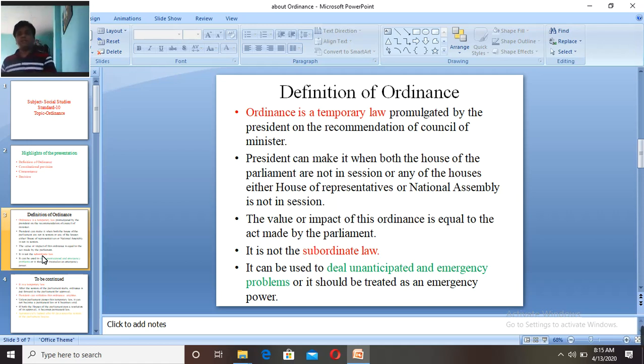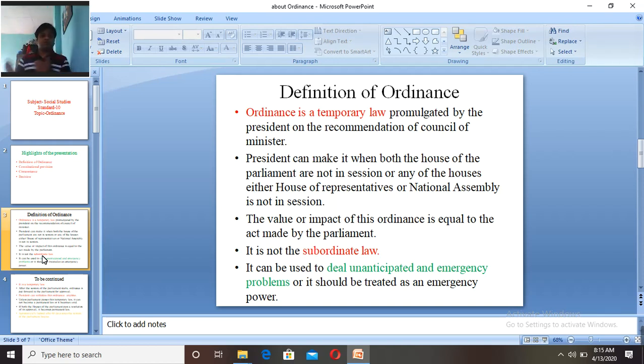So session means a time or period of having meetings of the parliament. The value or impact of this ordinance is equal to an act made by the parliament. There is no difference between the ordinance and a law made by the parliament. Both are of equal power.